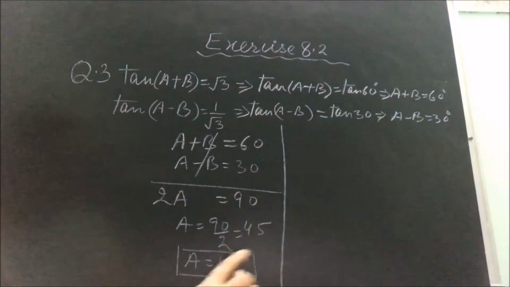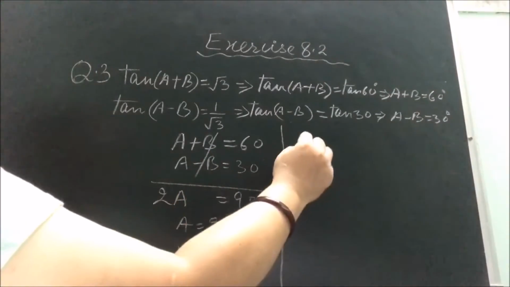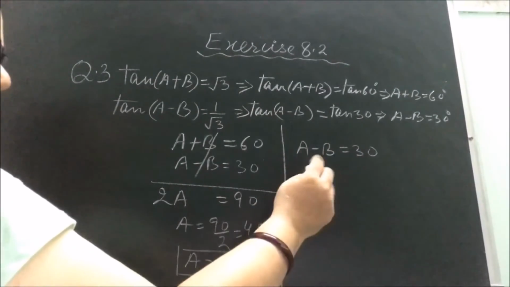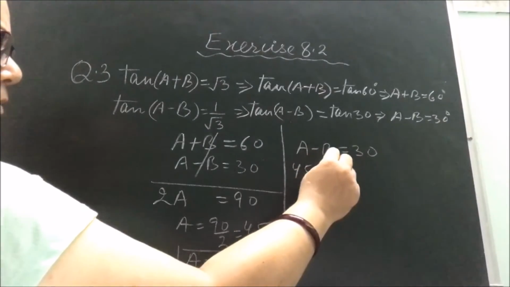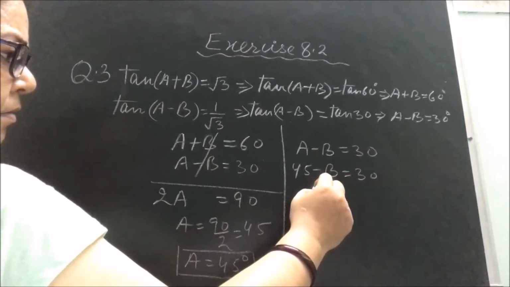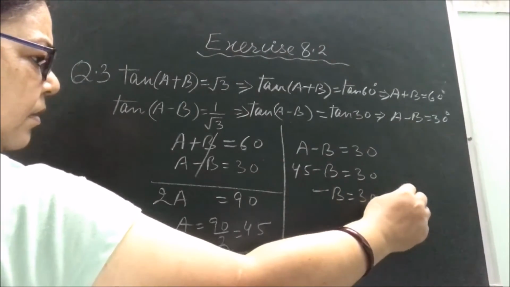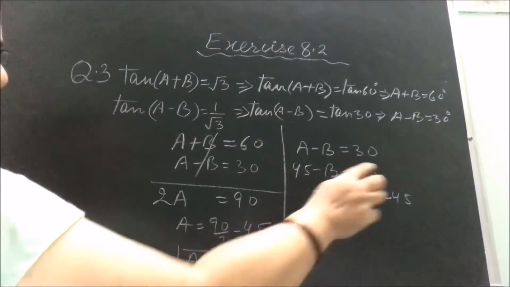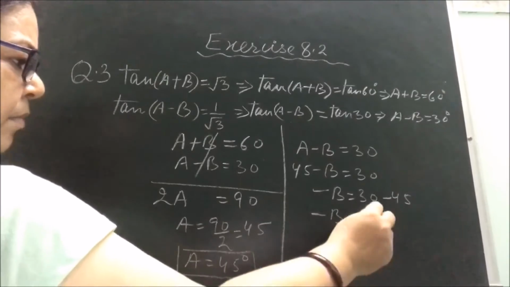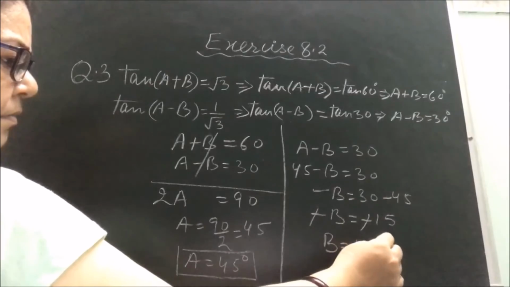And substitute the value of a either in this equation or this, right? As we know, a minus b is 30, replace a by 45, we have this, and shift the 45 term over here, we have minus b is equal to minus 15, minus minus cancel out, so we have b is equal to 15.